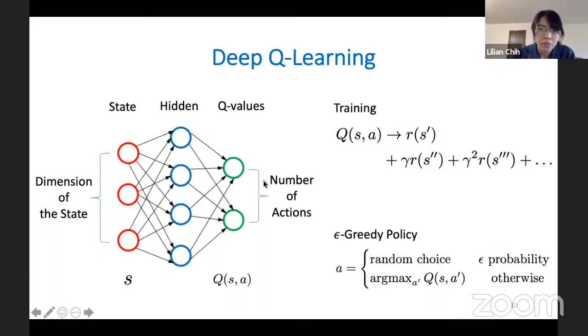And because we want to maximize this total discounted reward, most of the time we choose an action that has the highest Q value. But because we also want to explore the state space as much as possible, with epsilon probability, we make a random choice for the action.